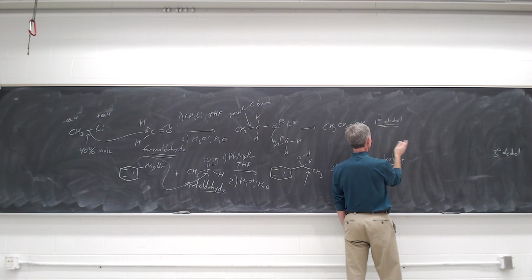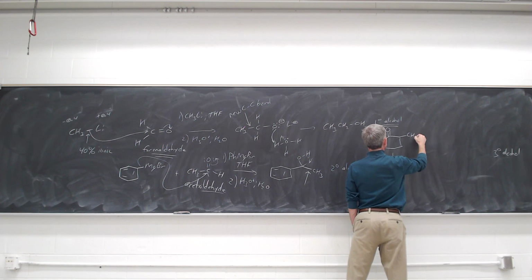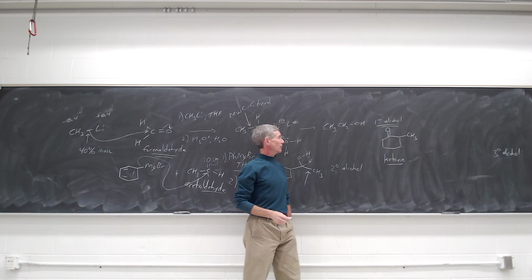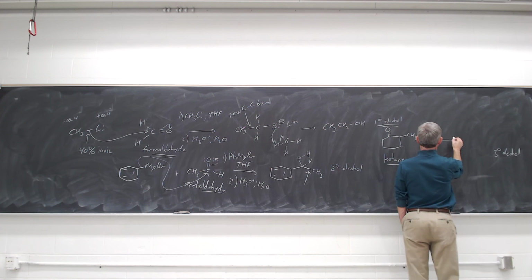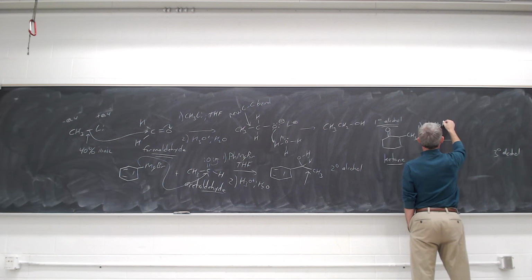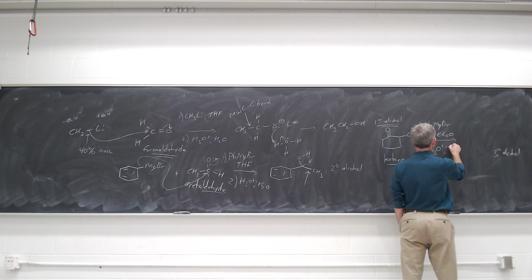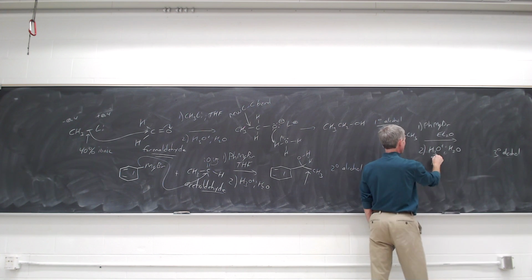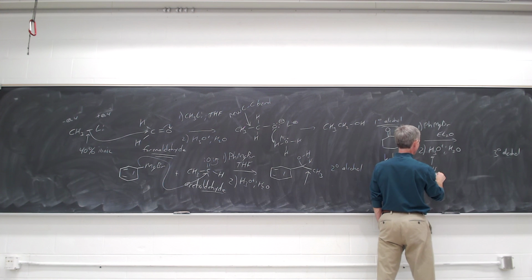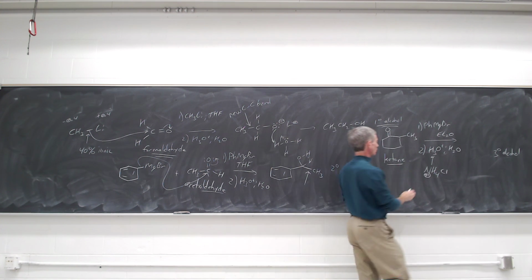And the reaction you're going to actually be doing in the lab will take 2-methylcyclohexanone and treat that with phenylmagnesium bromide in ether solvent, followed by workup with mild acid. Your source of the acid will actually be ammonium chloride, an aqueous solution of ammonium chloride.